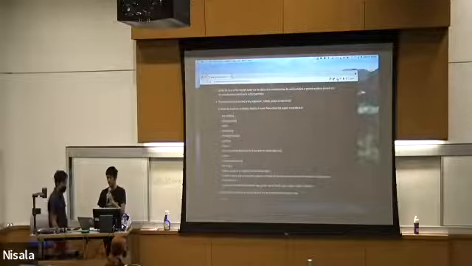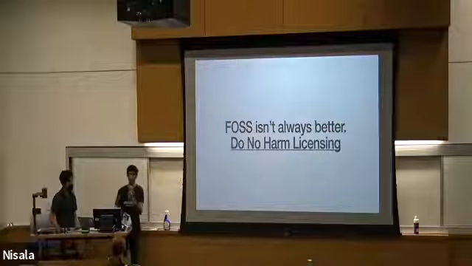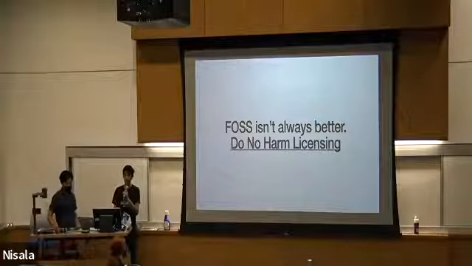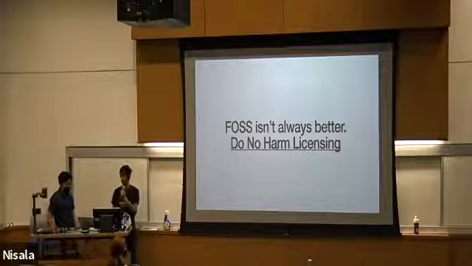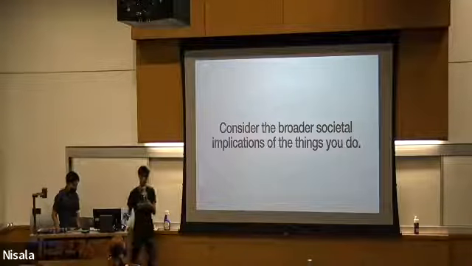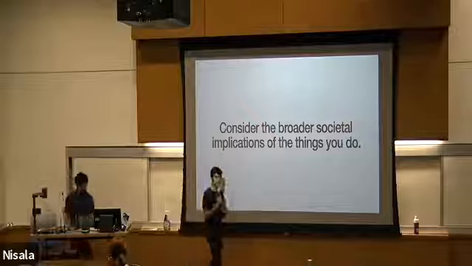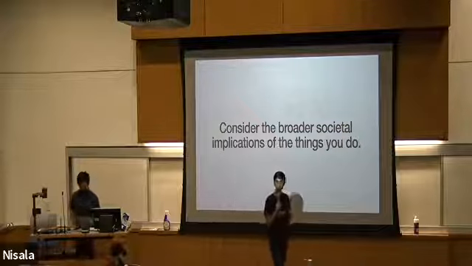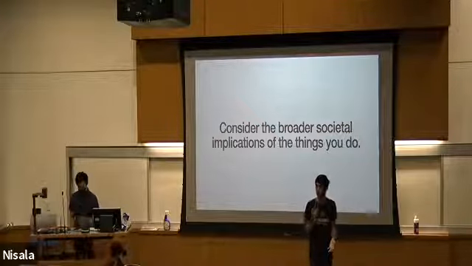So licensing is an incredibly powerful avenue that computer scientists have in order to control the things that they create, whether they have the potential to do harm or not. And finally, and most importantly, consider the broader societal implications of the things you do.